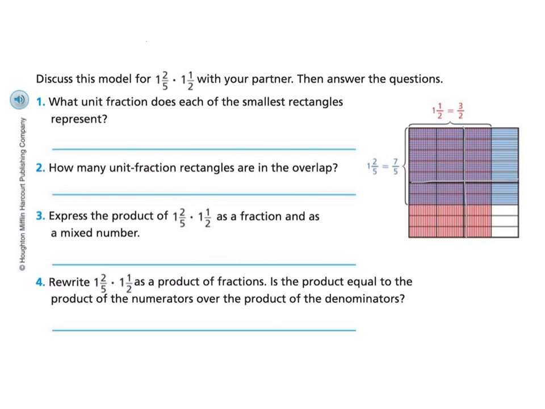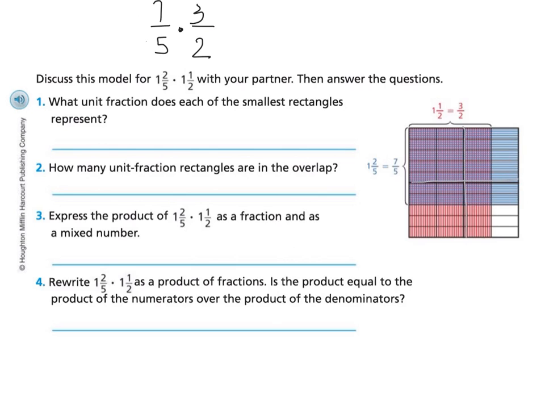So the way to do that is this one's going to be over 5, and this one's going to be over 2. 5 times 1 is 5, plus 2 more is 7. And then 2 times 1 is 2, plus 1 is 3. So the first thing we're going to do is divide.